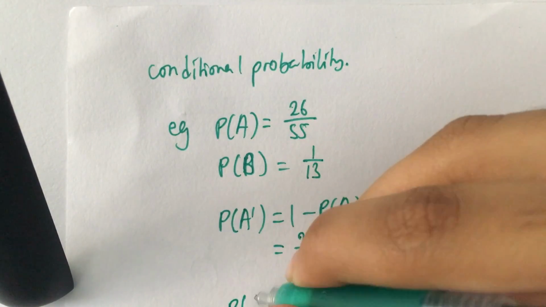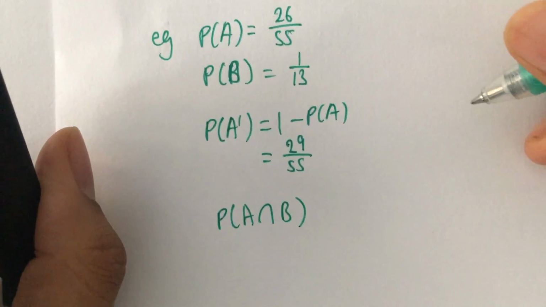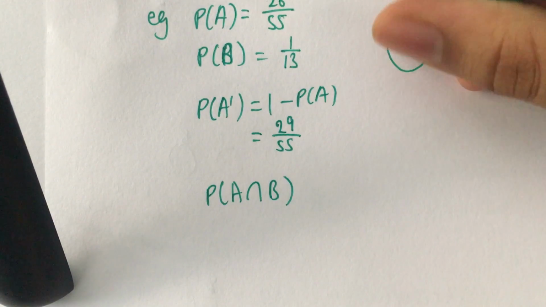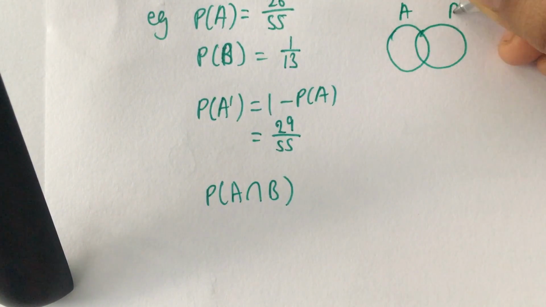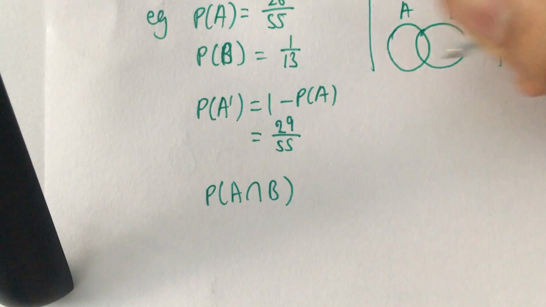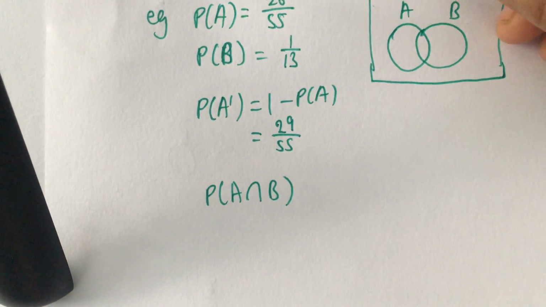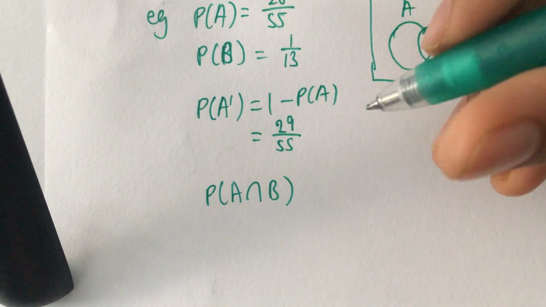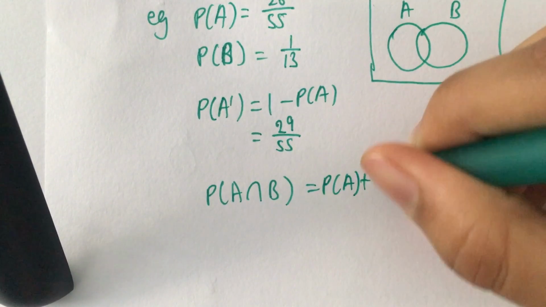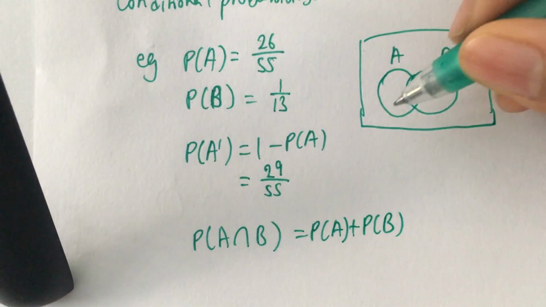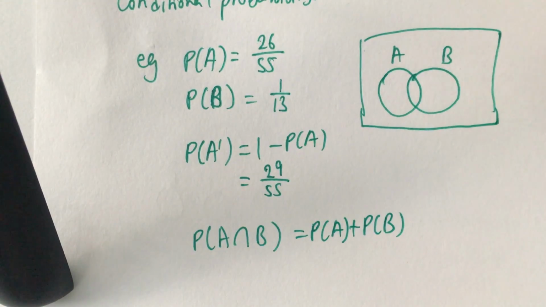If A and B are separate, then you can just add the probability of A and B. But if there's an intersection, if you just add A and B, you have the intersection counted twice, because it is both in A and in B. So in this scenario, you subtract one of those off. The probability of A union B is the probability of A plus the probability of B minus the probability of A intersection B. That is how you do this particular one.